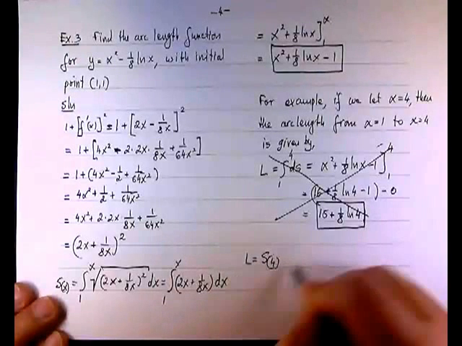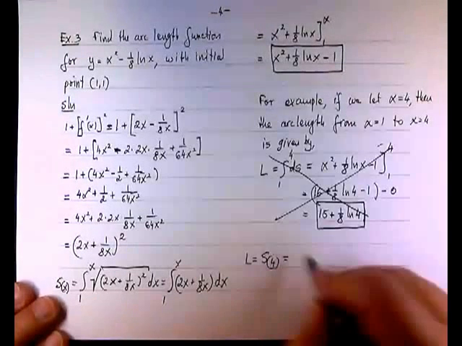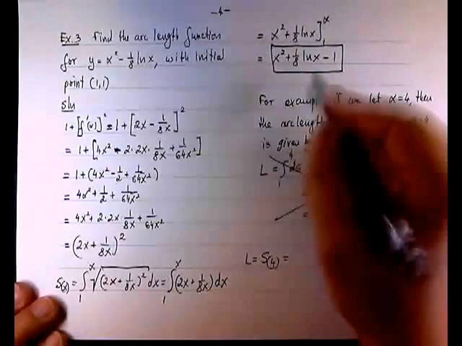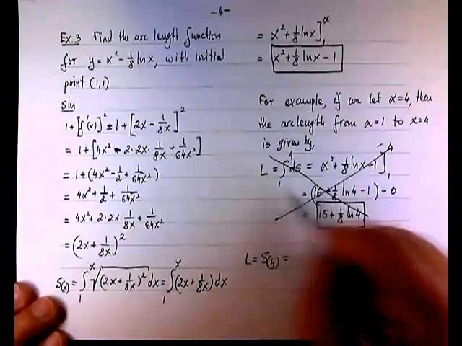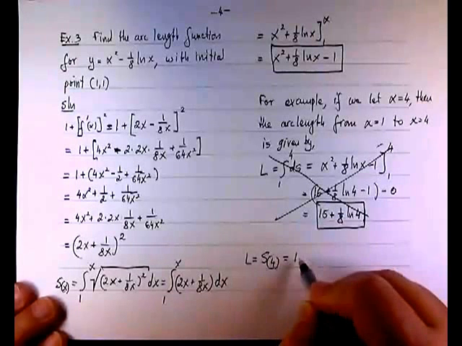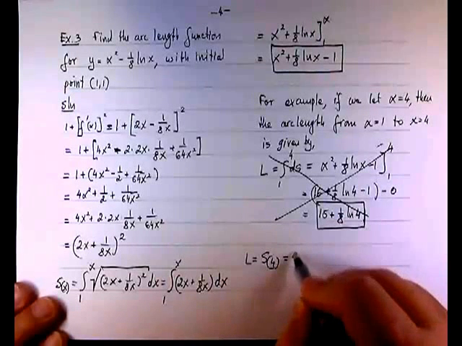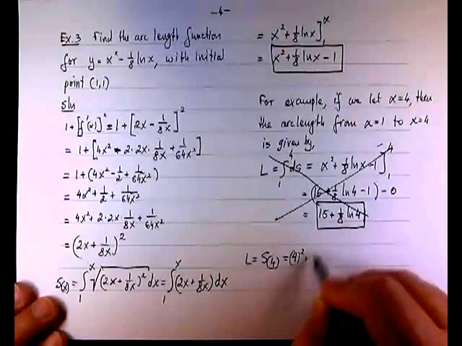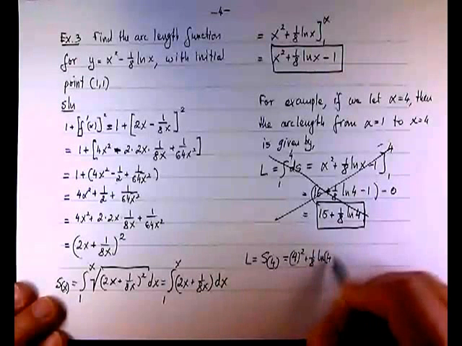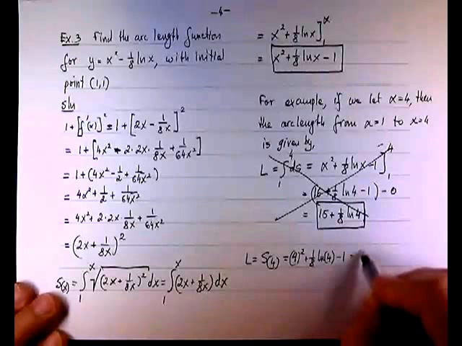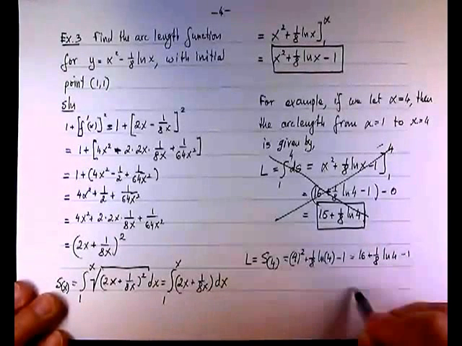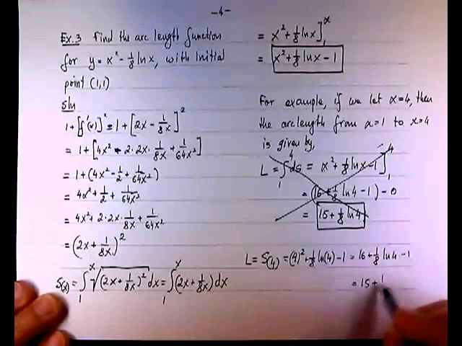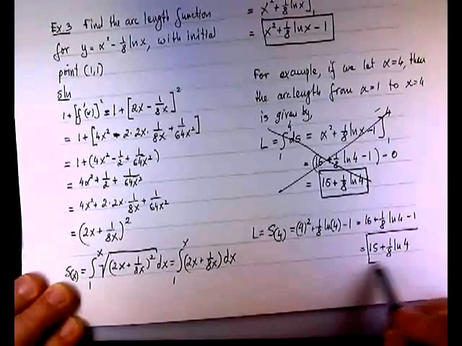All we need to do is plug it in. So we have 4 squared plus 1/8 natural log of 4 minus 1. So it's 16 plus 1/8 natural log of 4 minus 1, or 15 plus 1/8 natural log of 4.